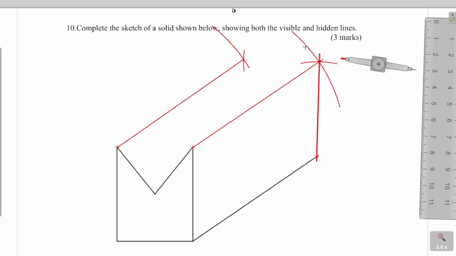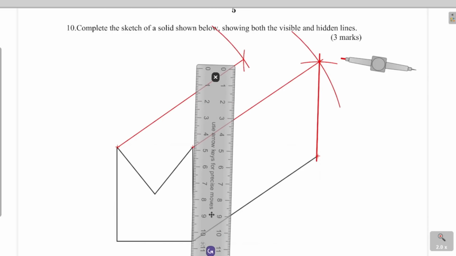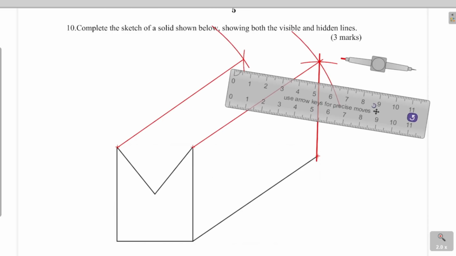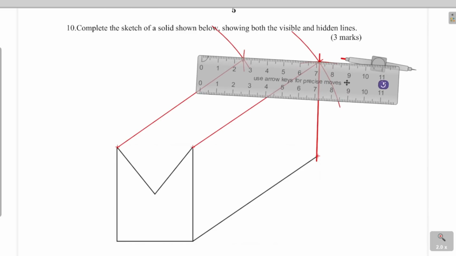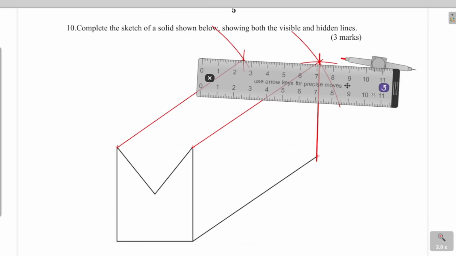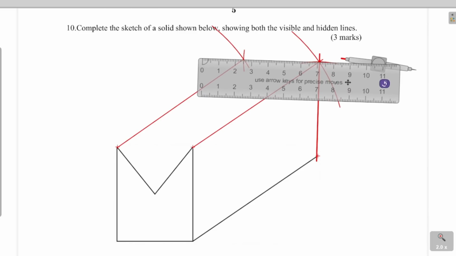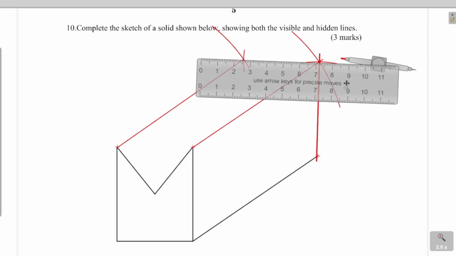Let me use a ruler for that. So join that like that.